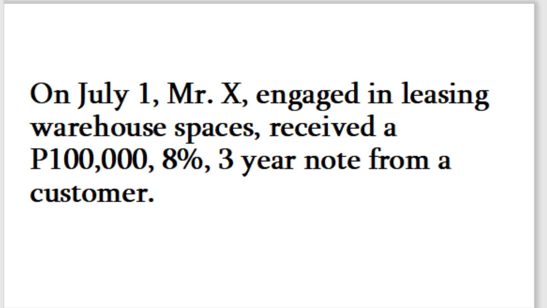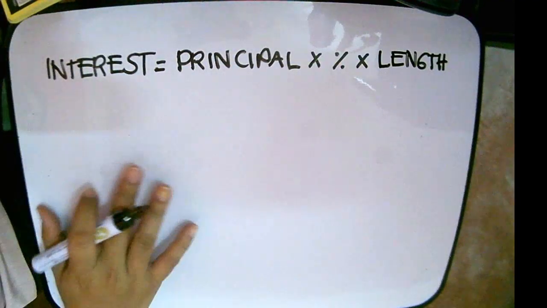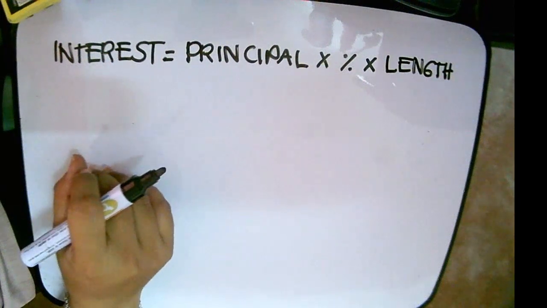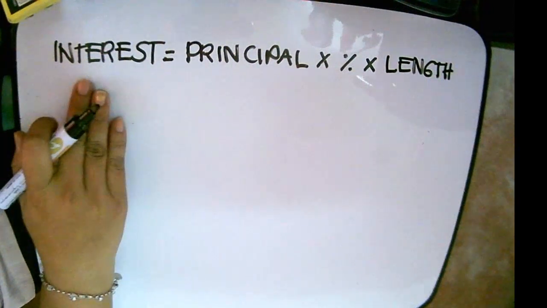So, compute natin yung income niya. We have the principal amount of 100,000, the 8% as the interest. Take note na kapag binigyan tayo ng interest rate, that is good for 1 year or annually. And then, the 3 years daw yung note. Para makuha natin yung interest, ito yung magiging adjusting entry natin.